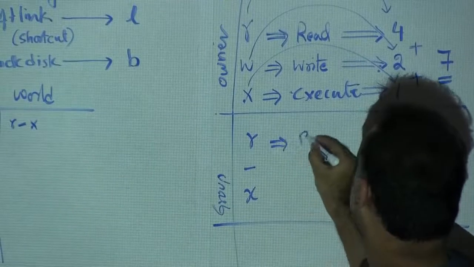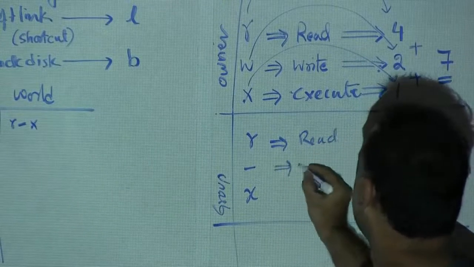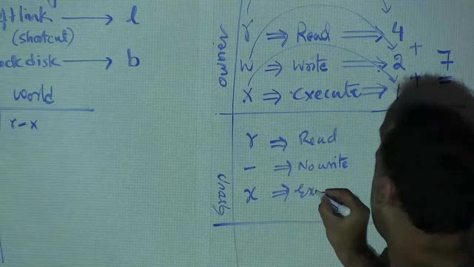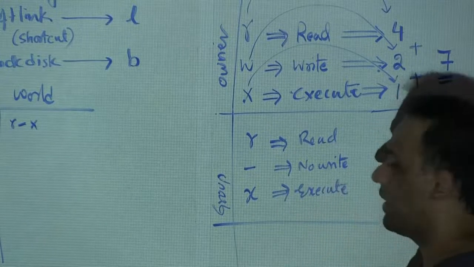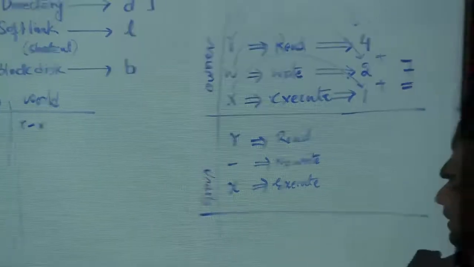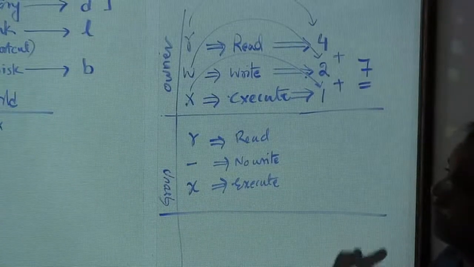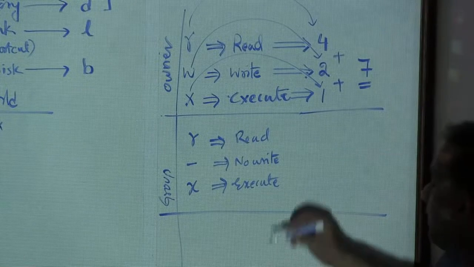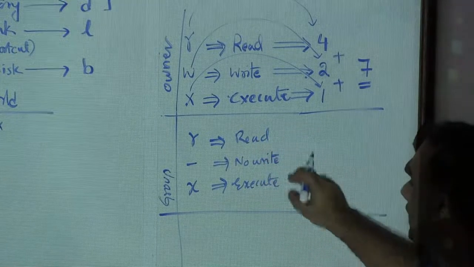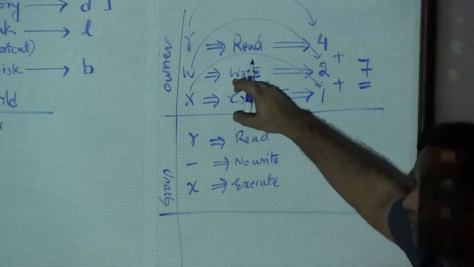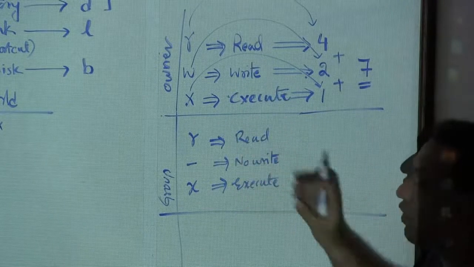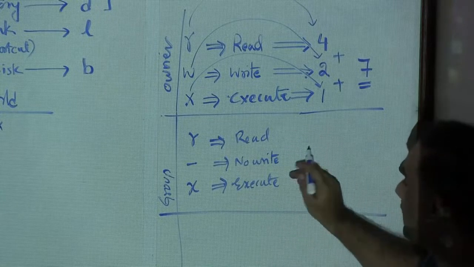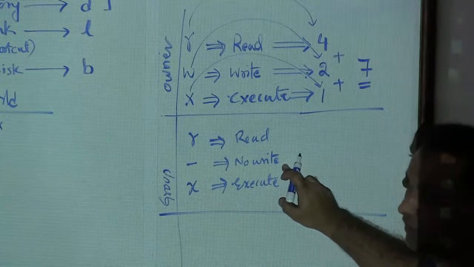So R is read, no write here, and then anybody who is part of this group can execute. So basically, if John is the owner and Tom is part of the same group where John is, they both are part of the students group. The owner can read, write, and execute. But somebody who is part of the same group has read and execute. You cannot change anything there.